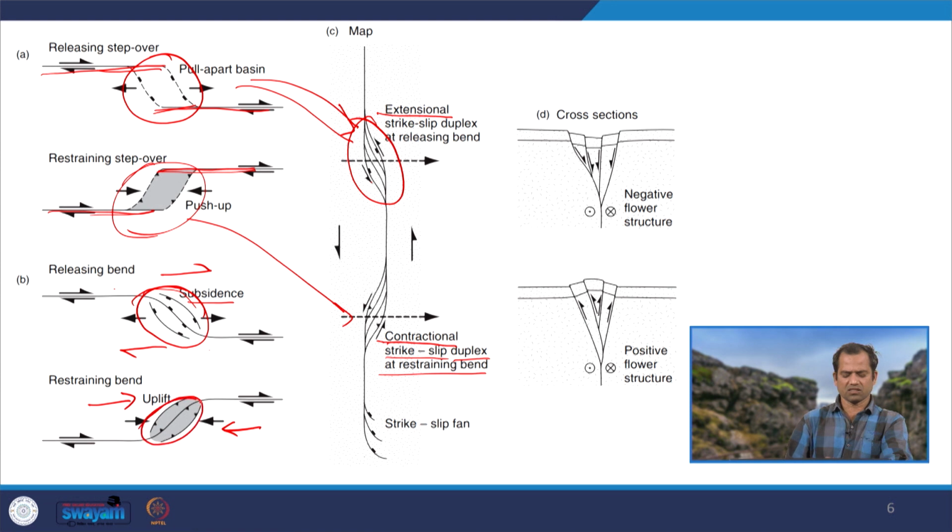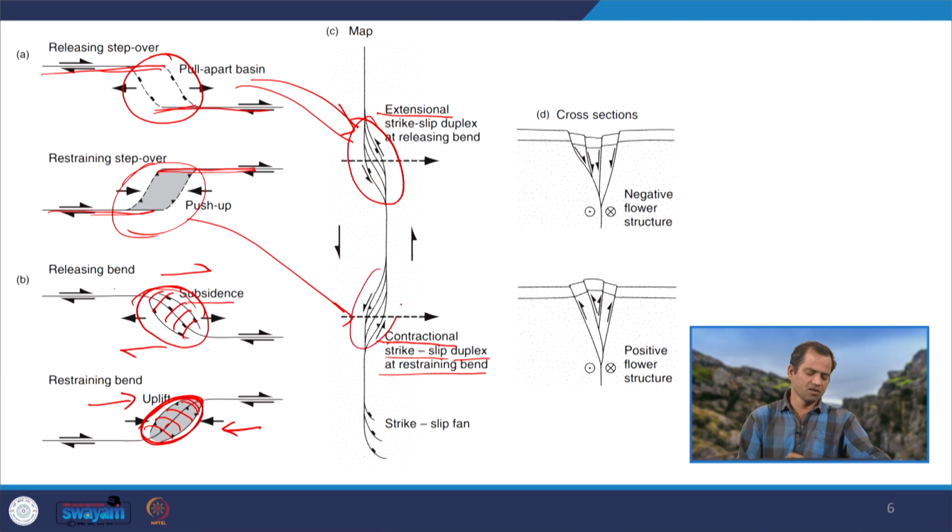And here if we are pushing this way and pushing this way, this is the bending region, where the fault is bent. So, this region is experiencing compression. That is why compressional topography like folds and thrusts will develop here. Here extensional topography like normal faults and basins will develop. And this can be transferred here, and this can be transferred here.